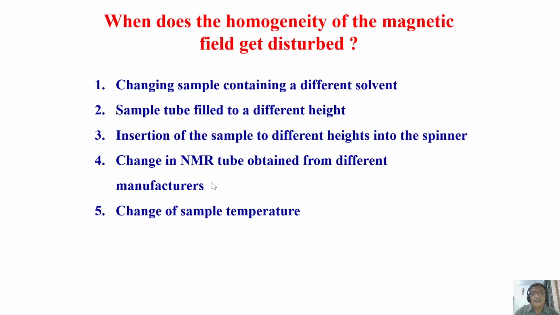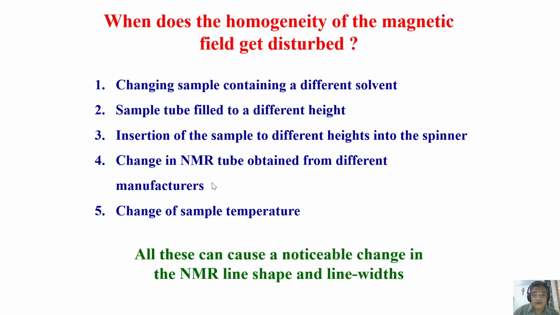As a consequence, if you take out the sample once and put the same sample in again, you may have to retune the field to some extent. If you change to a different sample, of course, you have no choice, you have to retune to get better field homogeneity. All these effects can give a noticeable change in the line width and line shape. You have to take proper care, and every time you change a sample, you have to tune the homogeneity. That's the important point.